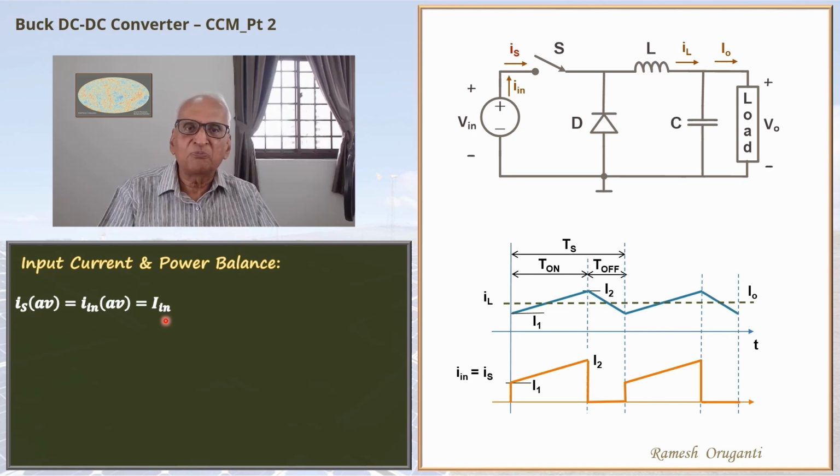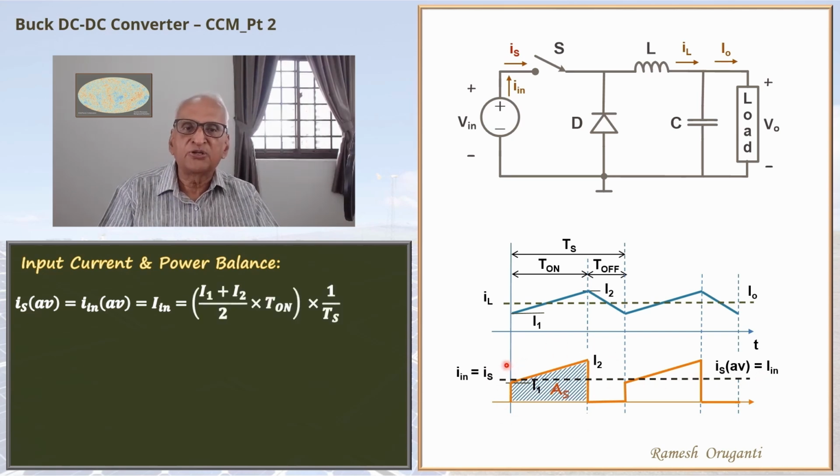We just now determined the switch current average, which is this area A_S divided by the T_S. Area is given by (I1 plus I2) by 2 times T_on divided by T_S, and we showed that that is equal to D I_0. So the average DC input current is D I_0.